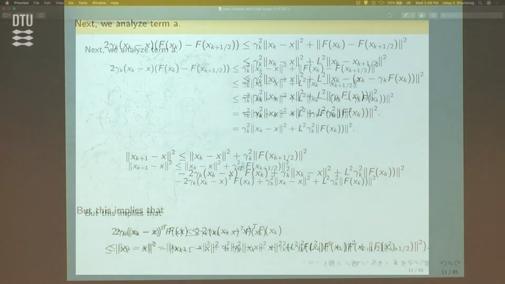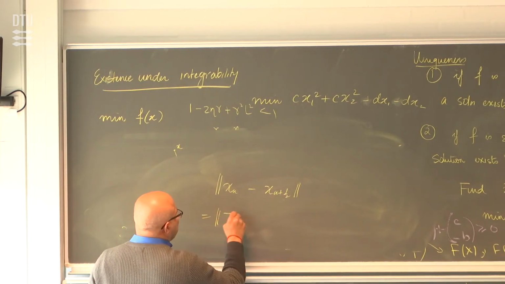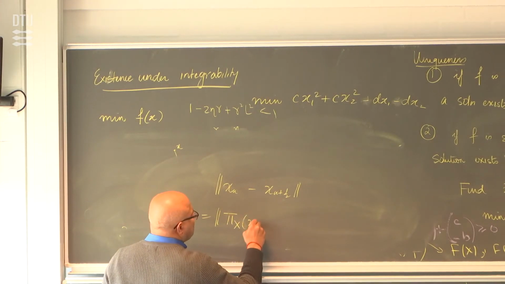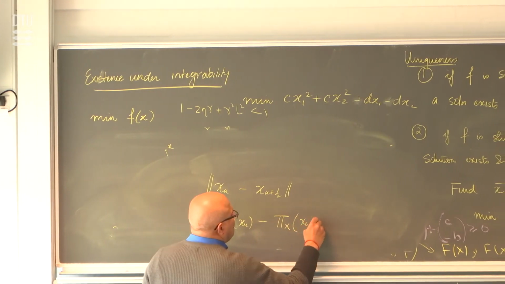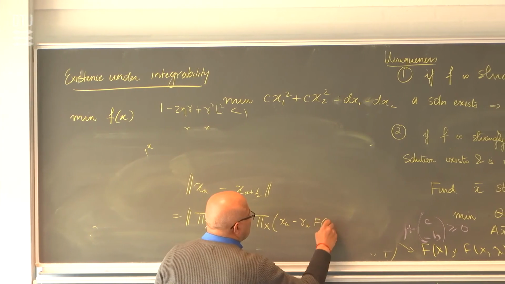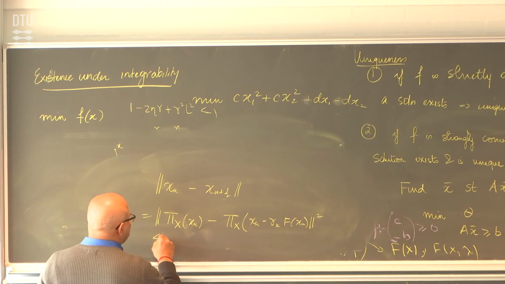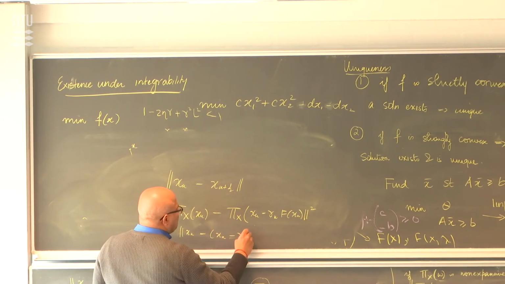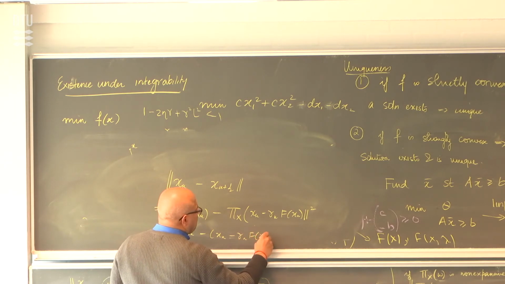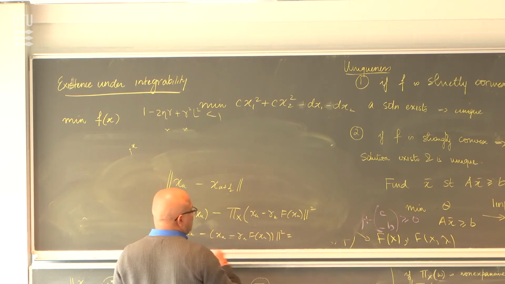There are some jumps which I want to make sure everybody gets. Xk minus xk plus half is the projection of x on xk. Xk is always feasible. Projection on xk minus gamma k f of xk. We can use non-expansivity and you get xk minus xk minus gamma k f of xk, which is equal to, the xk and xk cancel.